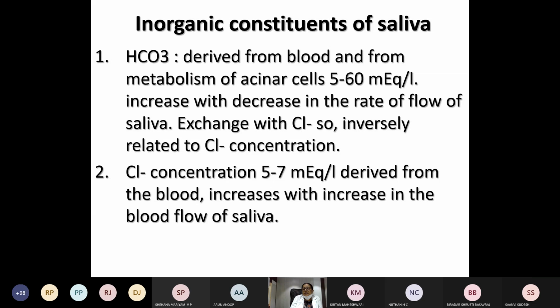It increases with a decrease in the rate of flow of saliva. It exchanges with chloride, so it is inversely related to chloride concentration. Next, chloride concentration is 5 to 7 milliequivalents per liter, derived from the blood, and increases with an increase in the flow of saliva.